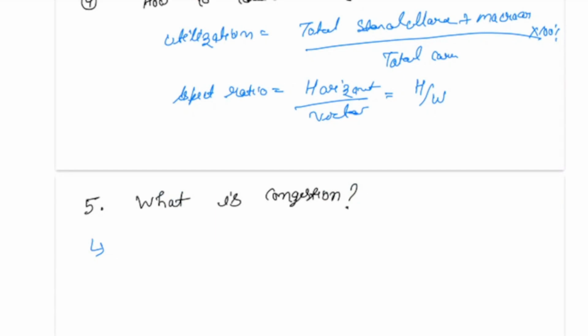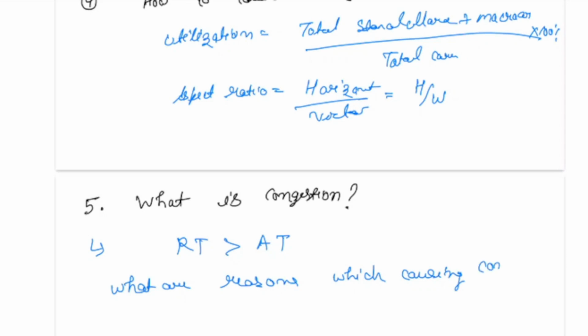The next question is, what is congestion? Congestion is when our required tracks are more than the available tracks, so congestion will occur. What are the reasons causing congestion?